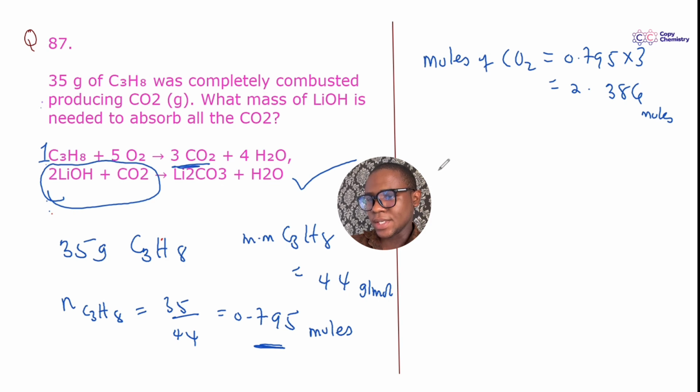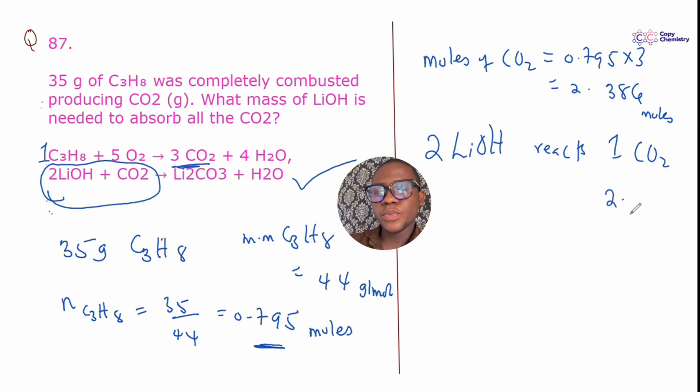It is not unbalanced. It is balanced. So we have 2 lithium hydroxide reacts with 1 mole of CO2. So that would mean that if we're given 2.386 moles of CO2, then it's going to be times 2 there, right?